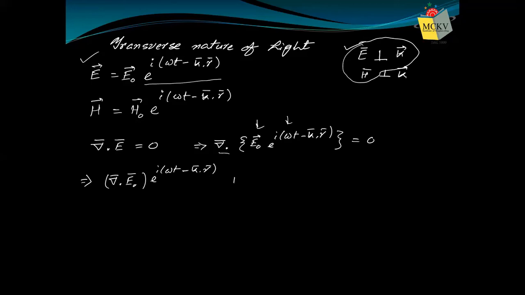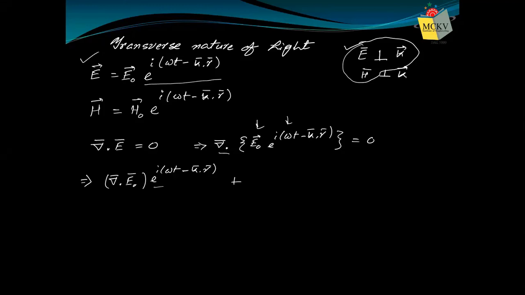Then del operates on these two quantities individually. It operates on E naught when the rest, that is e to the power something, remains constant. Then del operates on e to the power something when E naught remains constant. Now please be very, very careful whenever you are using this operator del.